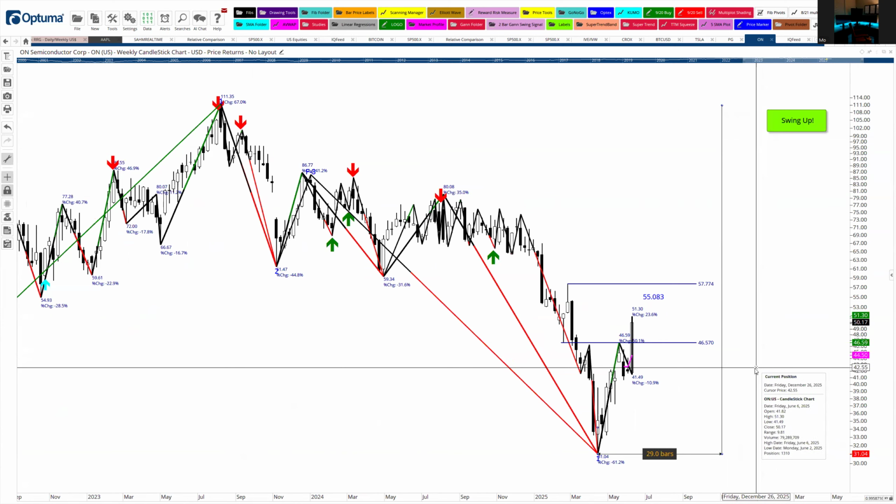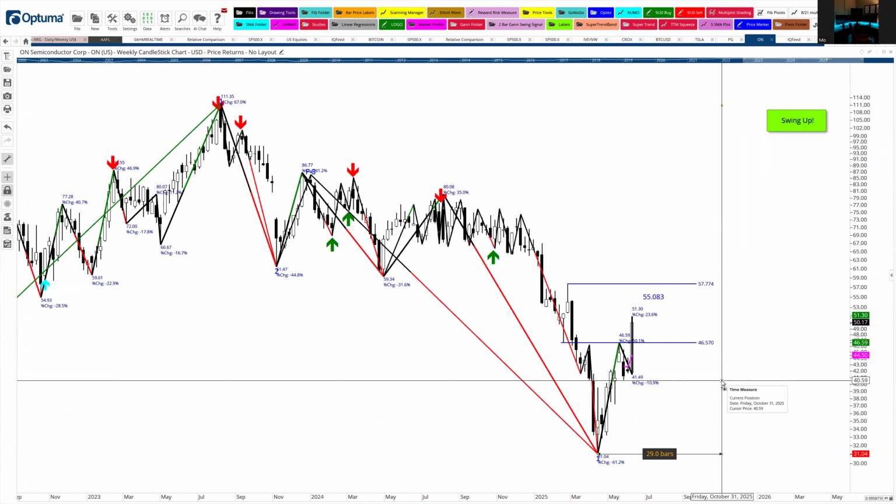That date would be October 31st of 2025. That will complete 29 bars on a weekly time frame, to see if the price can make a move back up. June, July, August, September, October, the next 4 months or so.